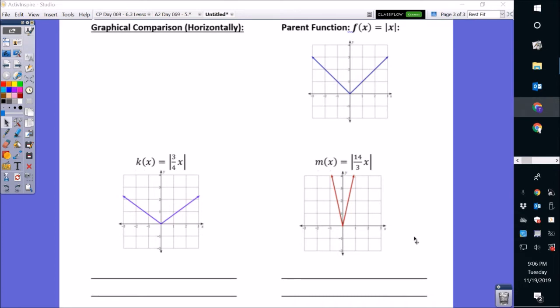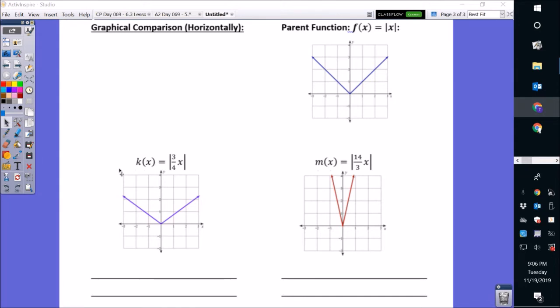In this part, we're going to continue comparing the graphs, but this time in terms of horizontal dilation. Again, I gave the parent function at the top right, but now let's compare it to the bottom left graph, where k of x equals the absolute value of 3/4 times x.